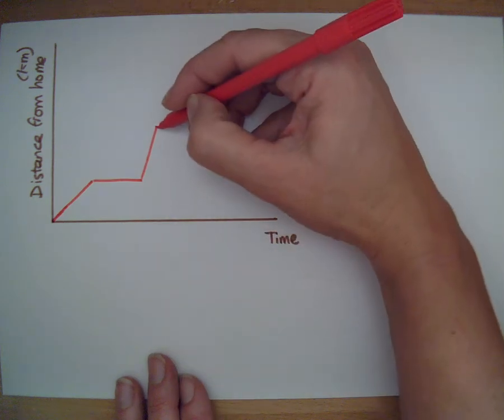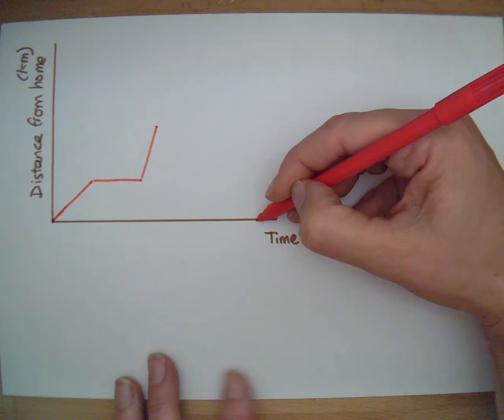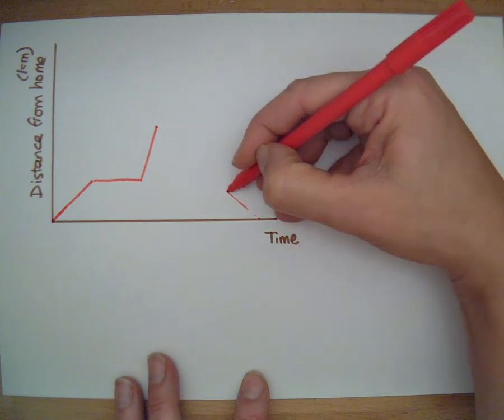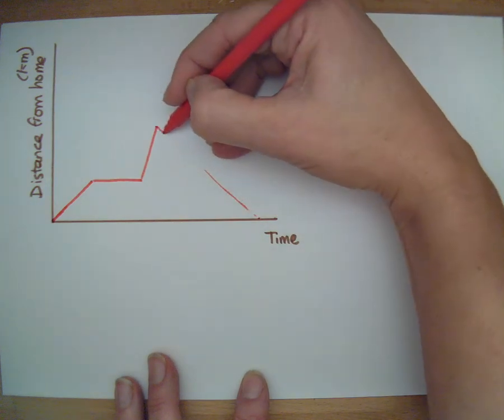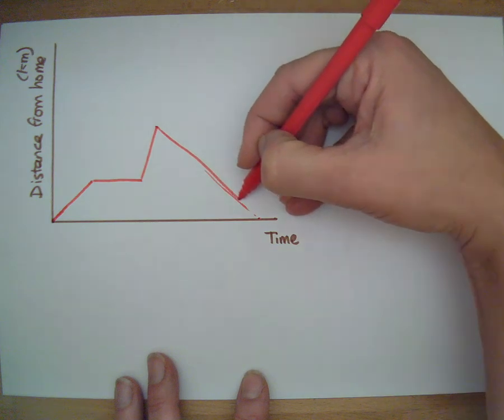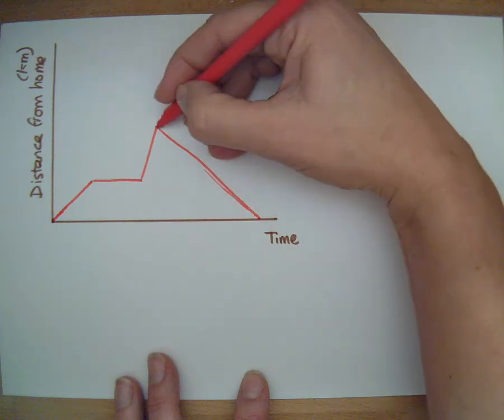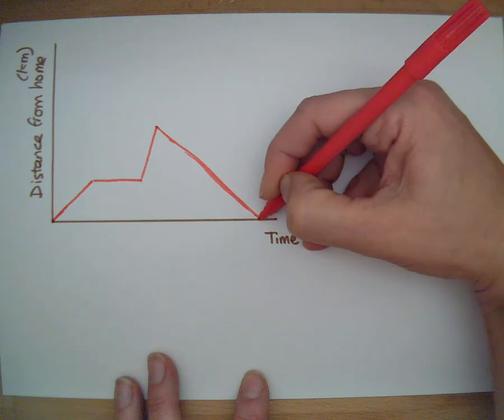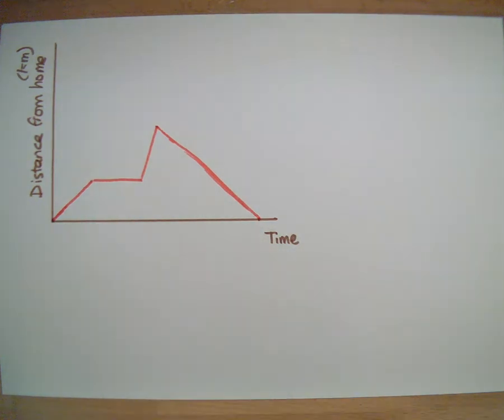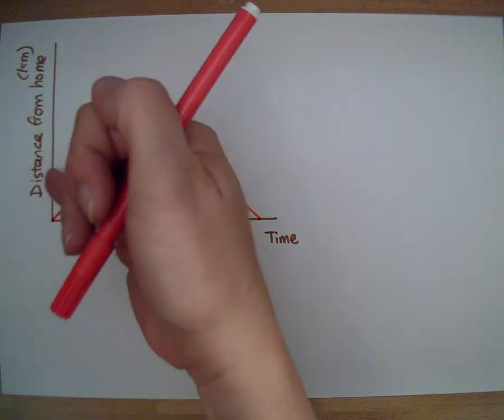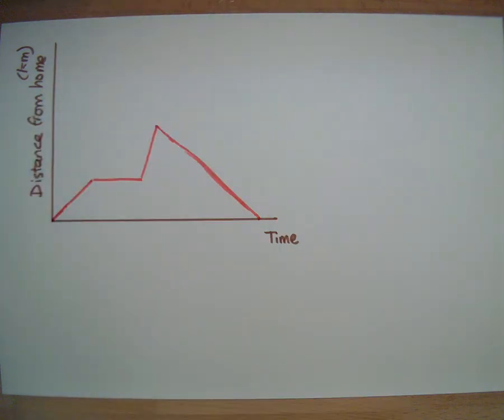And then my line goes back down to where y equals 0. Y equals 0 here. Okay, even without writing any numbers or showing the units, let's see what's happening here.